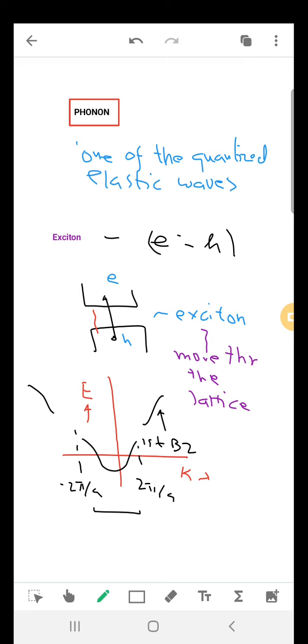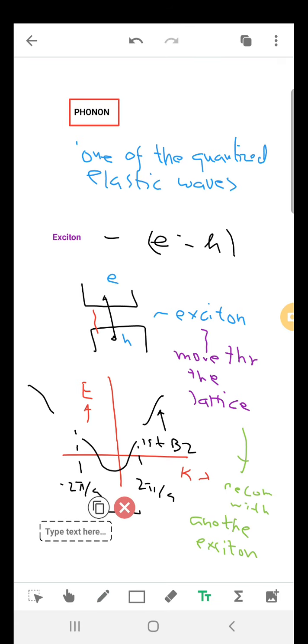And finally, its journey ends when it recombines with another exciton. So this is all used to explain the photoconductivity and luminescence.